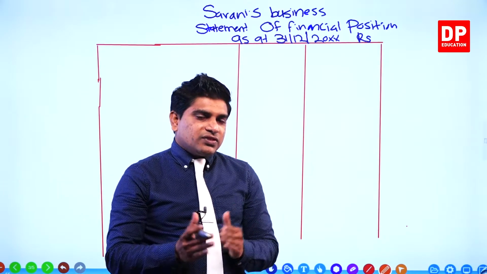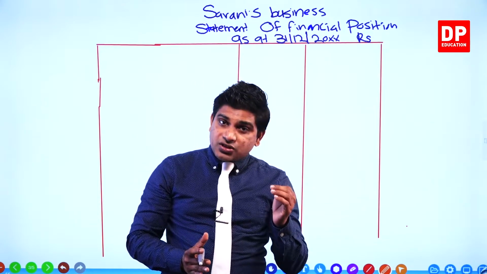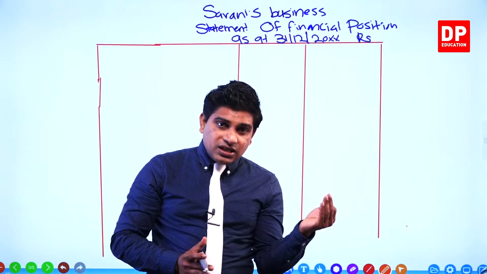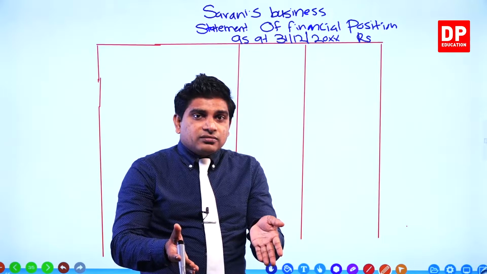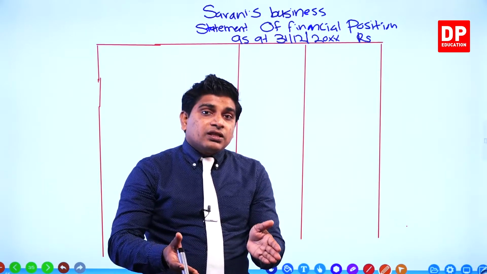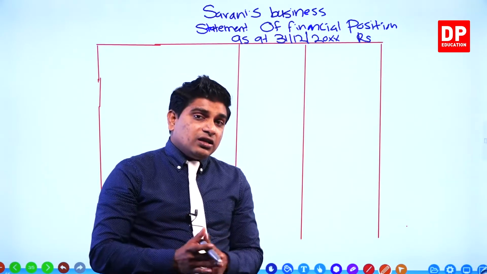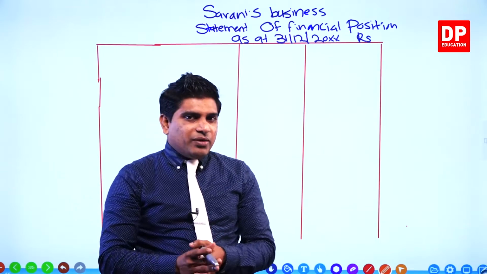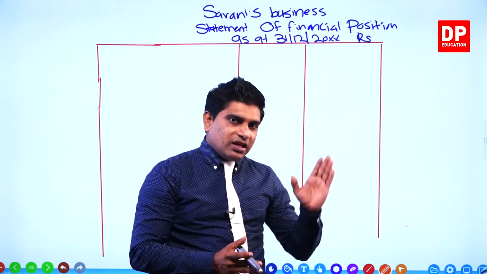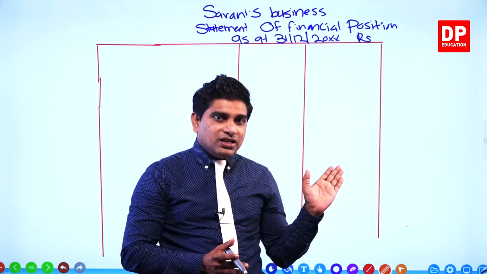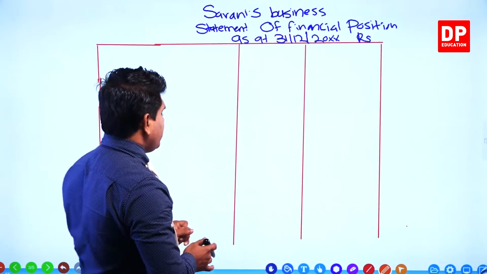If you start your business on 1st of April, 31st March is your financial statement date, right? But in the question, most of the questions provide as at 31st December, right?